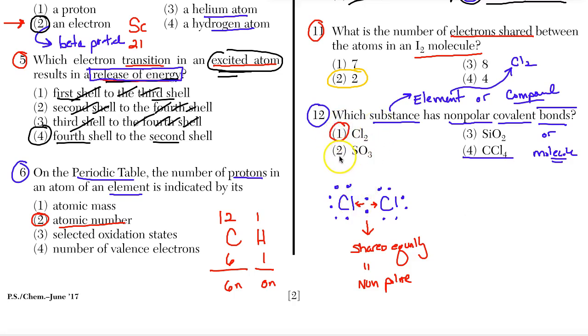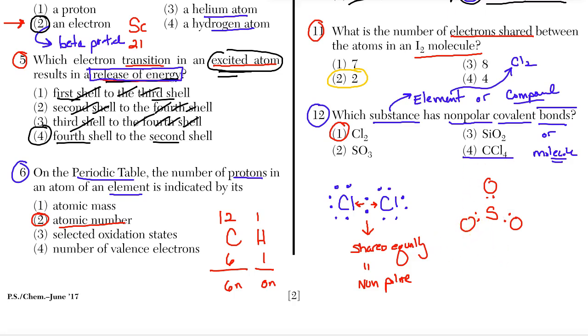Now if you look at choice 2, SO3. For time's sake, we're not going to do the whole Lewis dot diagram, but oxygen is more electronegative than sulfur. Oxygen is about 3.5 and sulfur is about 3.0. So the electrons bonded between sulfur and oxygens are pulled closer to the oxygens because they are more electronegative.